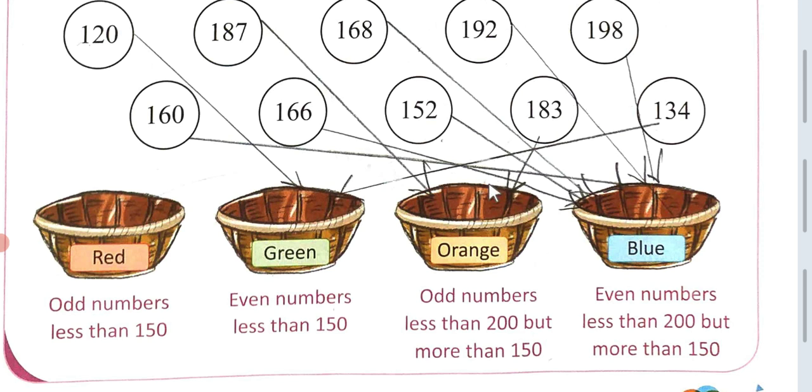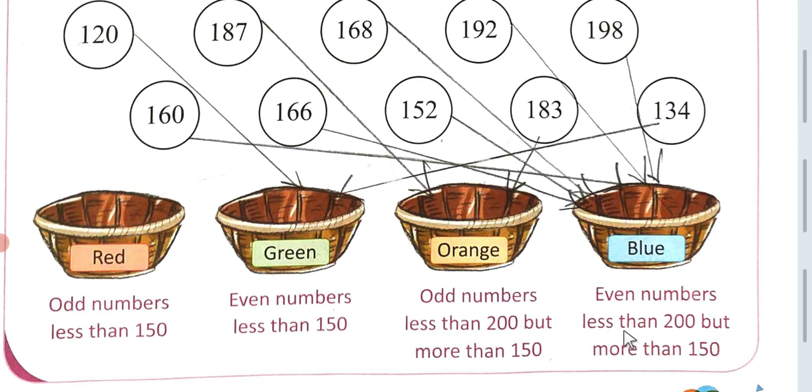So these two circles will be of orange color because they are less than 200 and more than 150.